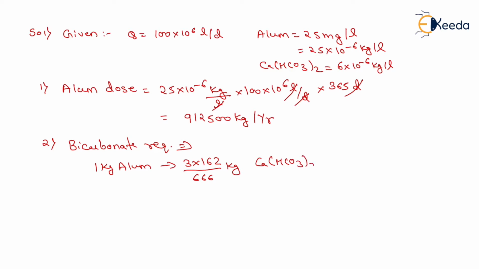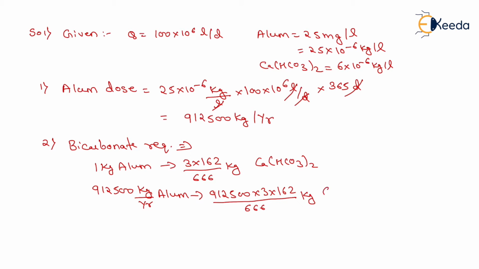Here in 1 year the alum dose is 912500 kg per year. So we write 912500 kg per year of alum. It will require 912500 into 3 into 162 divided by 666 kg of calcium bicarbonate.